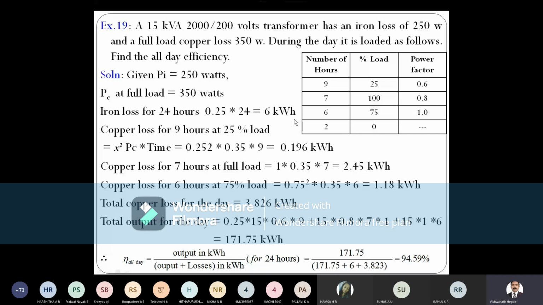I hope in electrical science in the first semester you have studied about electrical energy, then charging of energy, etc. In your home, the electricity bill you get is in terms of kilowatt hours. So much energy is being utilized by you, not the power. So here 250 watts into 24 would give you watt hours, but you use kilowatt hour because 1 kilowatt hour is 1 unit of energy.